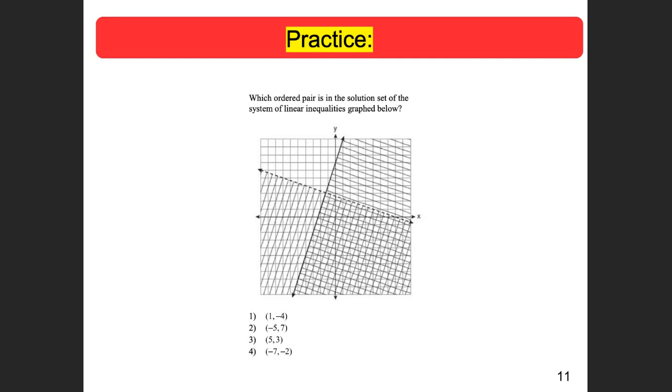One. Okay, let's take a look here. 1, -4 is definitely in the shaded region that overlaps. I agree 100% that 1, -4 is our answer.